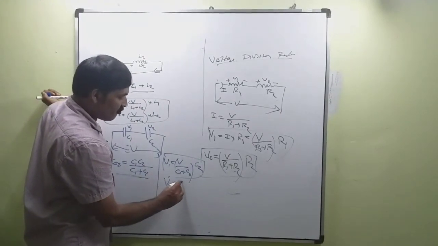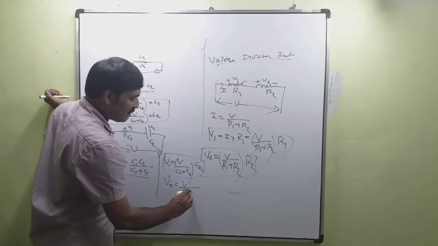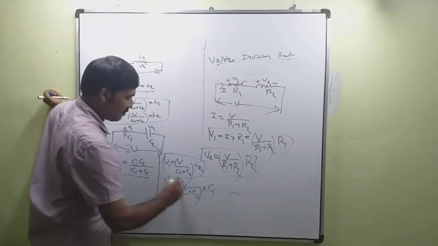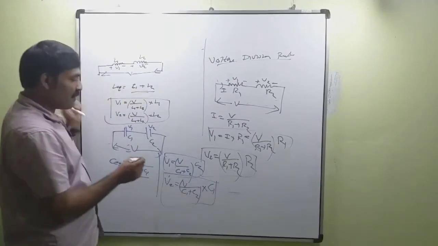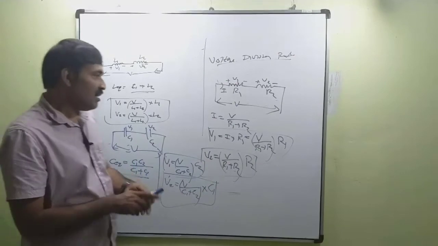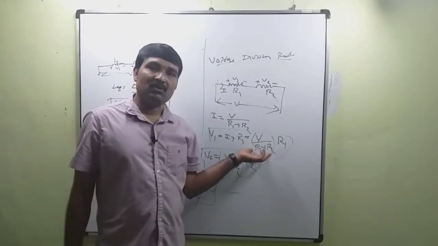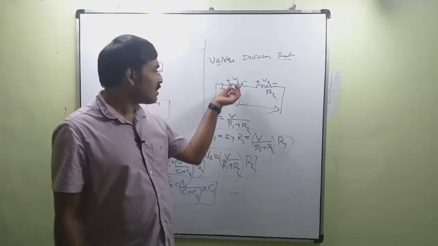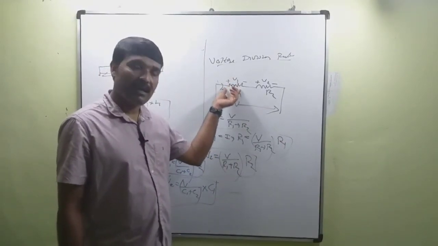V2 is equal to V divided by C1 plus C2 into C1. Okay. So, in the case of resistance, V by R1 plus R2 is a constant. If R1 is large, the voltage across this resistance is higher.